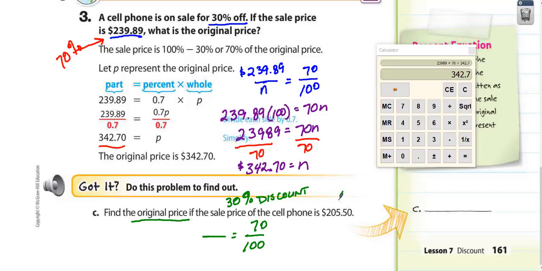Again, that 70 is 100% minus the discount. We know that the part is $205.50. And we know it's the part because it's what you're paying after you get the 30% off. So it's only 70% of the total. And then we've got N.